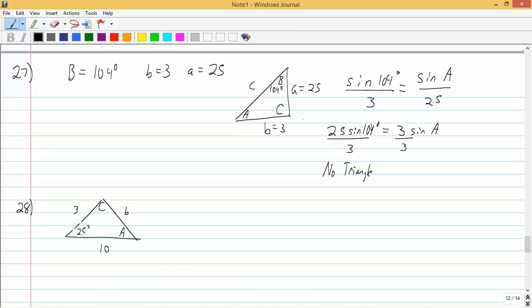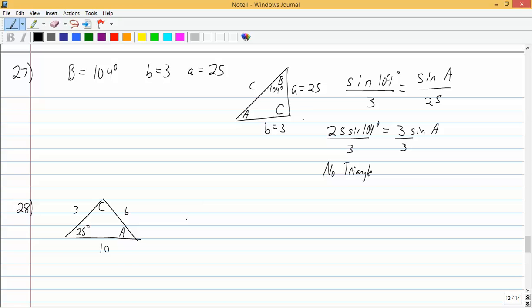So since I don't have a corresponding angle and side, I am going to have to use the law of cosines.